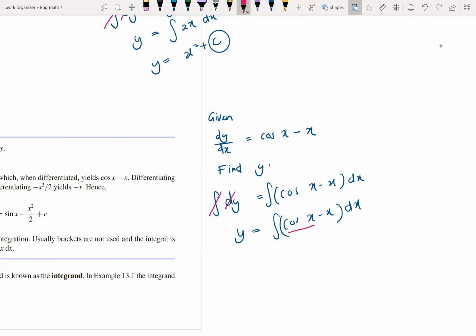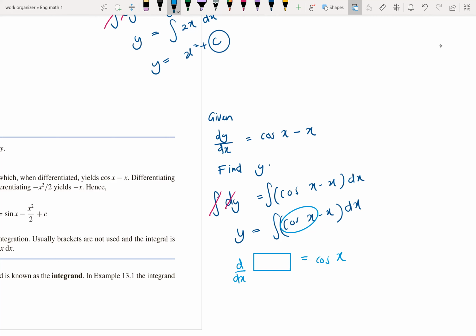What is the function that we can differentiate in order to get cos x? d dx of y, so that we get cos x.